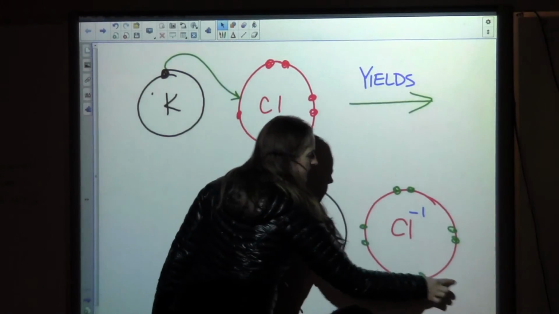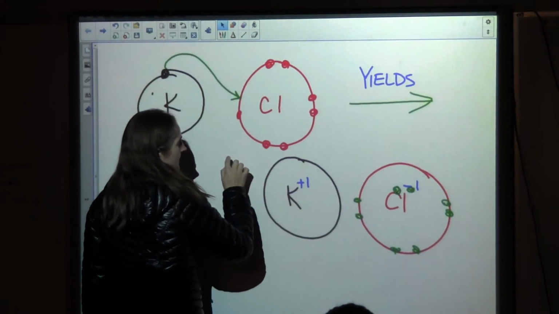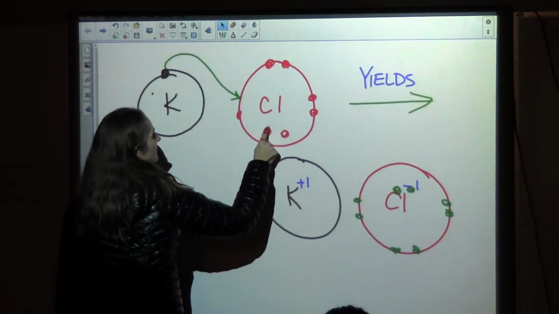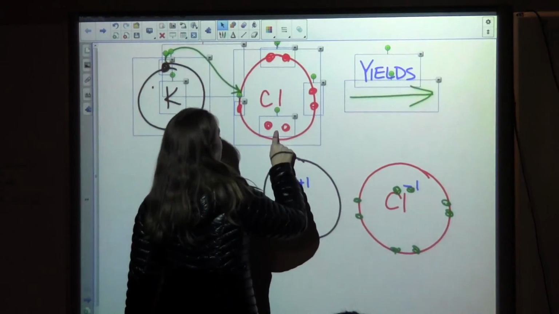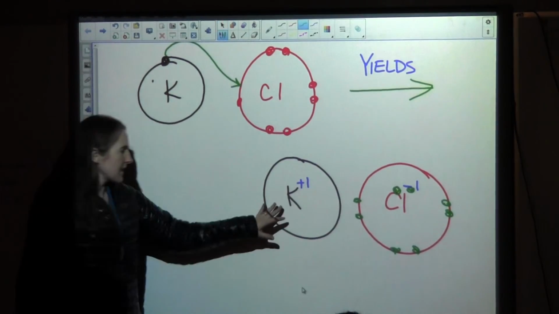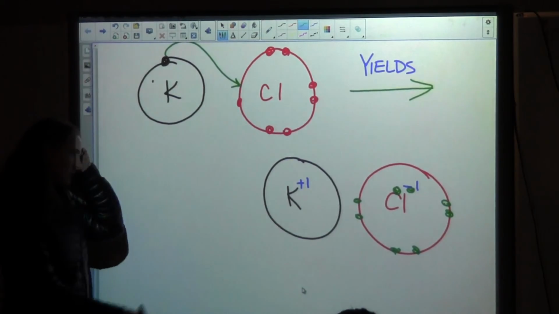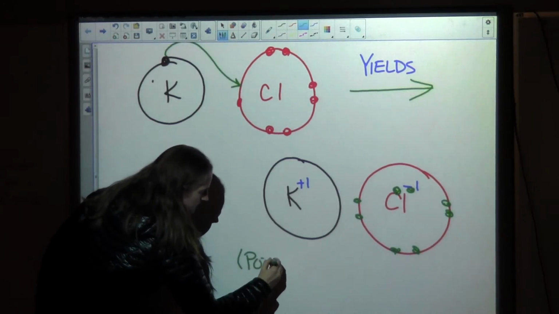The last little part that we need you to do is the naming and writing the formula for it. If I wanted to write the name for these, what would I name these? Potassium chloride. So you've got a parentheses and go ahead and write potassium chloride.